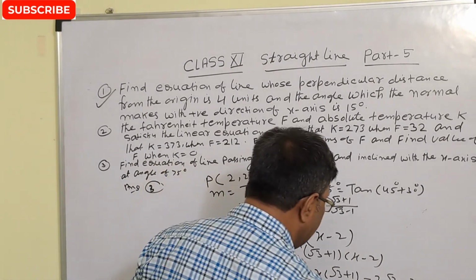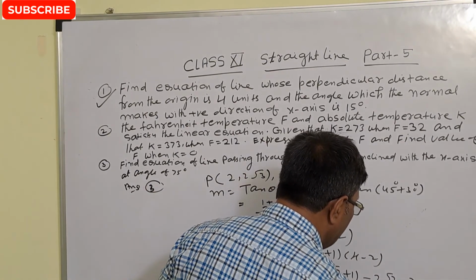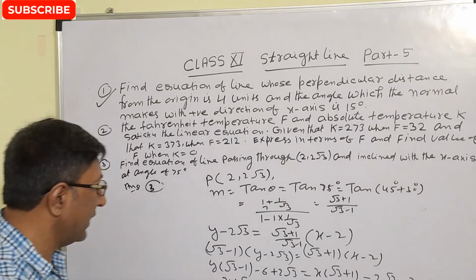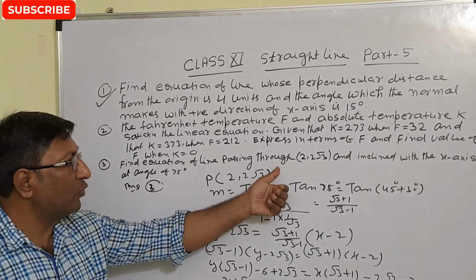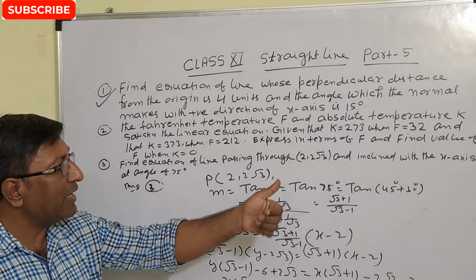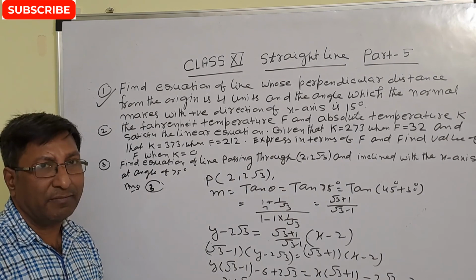So you can write here 4 into root 3 minus 1. Right? So this is the equation of the line passing through 2, 2 root 3 and inclined with the x-axis at an angle of 75 degrees.